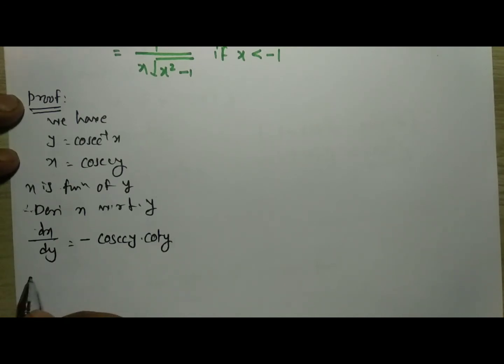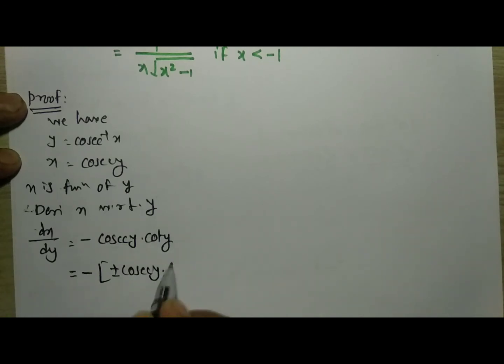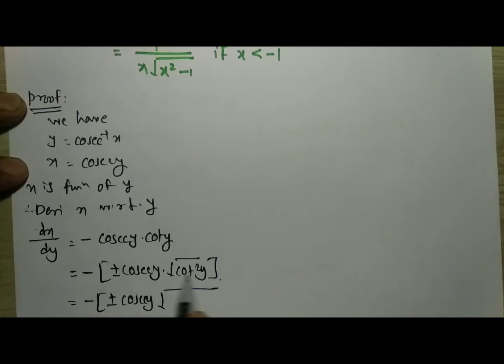The minus sign is taken as it is, and plus or minus cosec y into square root of cot square y. By using the formula, plus or minus cosec y into square root of cot square y is written as cosec square y minus 1.